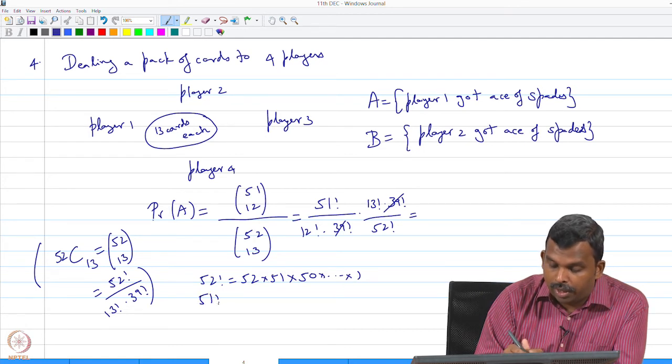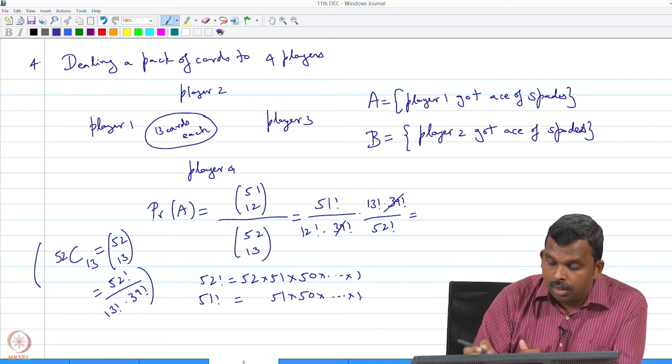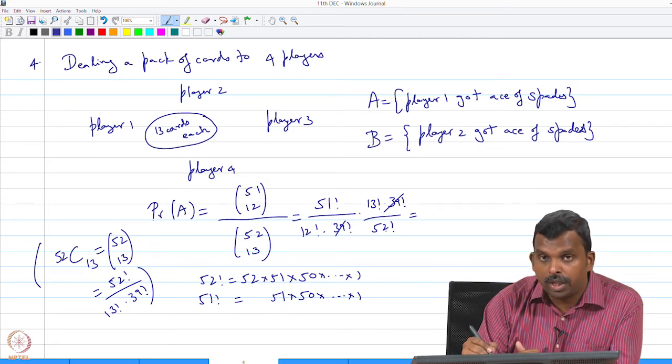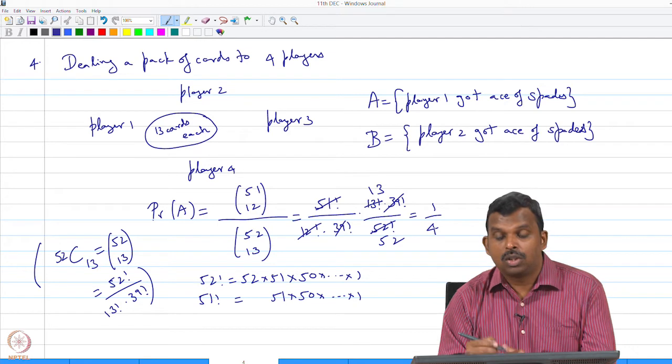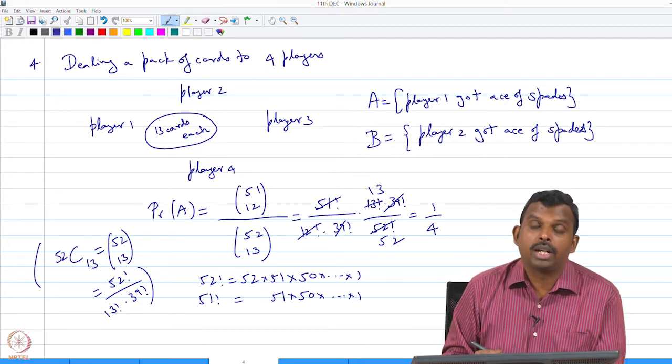And what is 51 factorial? It is 51 into 50 into so on till 1. So, if you write 51 factorial by 52 factorial, this 51 factorial is going to cancel and it will leave you just 52. Same way with 13 factorial and 12 factorial, it will cancel and it will only leave 13. So, 13 by 52, that is 1 by 4. Okay. So, that is the probability that the player 1 got ace of spades.